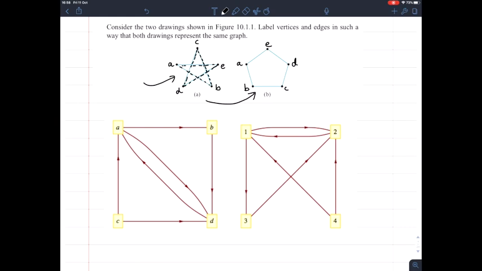So let's take a moment to have a look at this example over here. Take a moment and see if you can find labeling for the second graph that makes it isomorphic to the first graph on the left here.